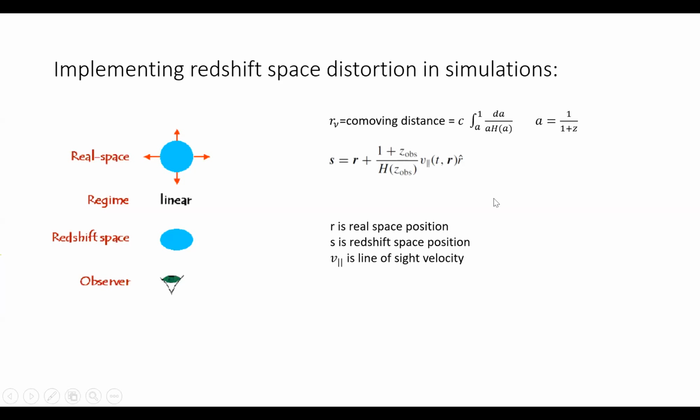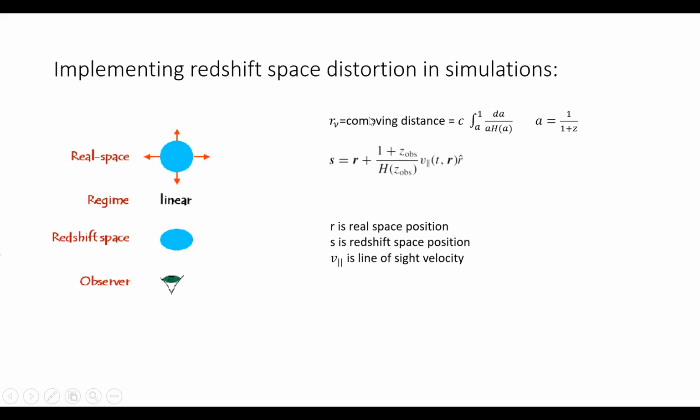The comoving distance is calculated using this equation, which depends on cosmological parameters and on the scale factor, that is, on the redshift. Due to the peculiar velocity, your measured redshift is now different, so your calculation of the distance will be different.